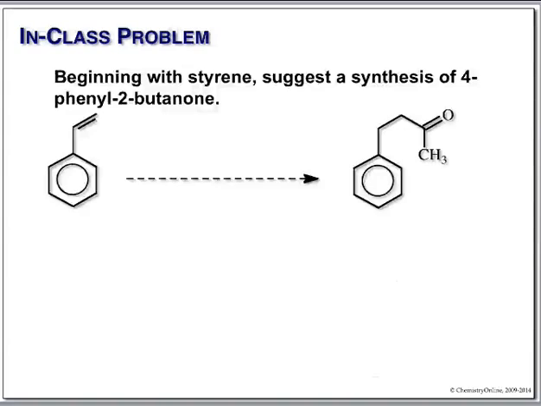Let's do a two-step synthesis here. We're going to start with styrene, and we're going to make a methyl ketone. If you do the body count, we've added 2 carbons to our chain, haven't we? 2 carbons.